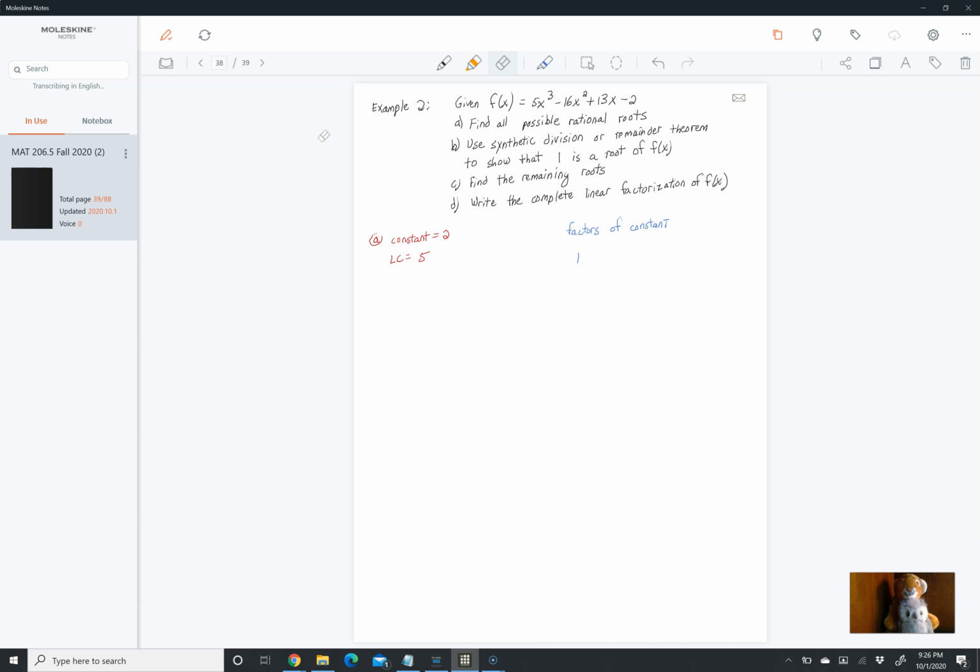Factors of the constant are just 1 and 2. And then off on the side, we're going to put the factors of the leading coefficient. And that's just 1 and 5. So also prime, so really nice that it's a very small amount here.